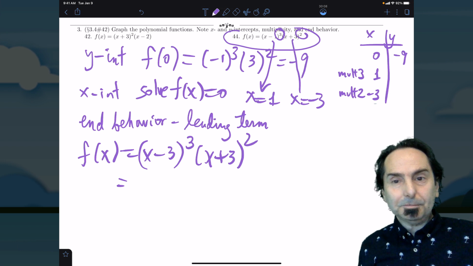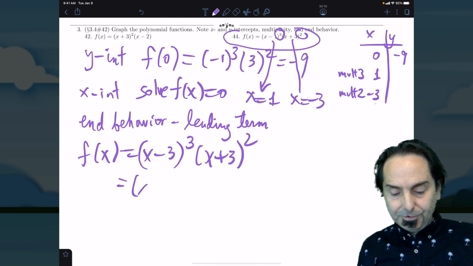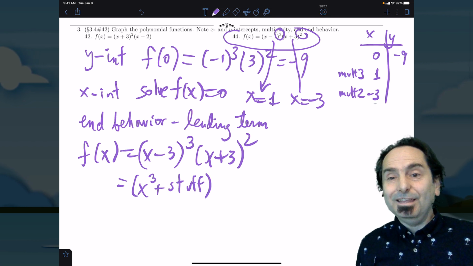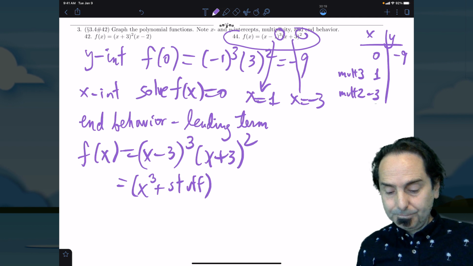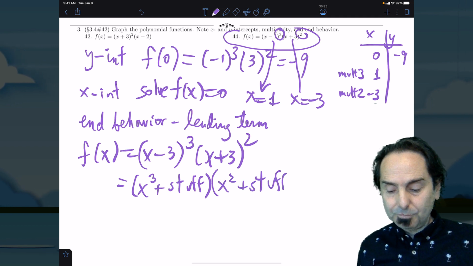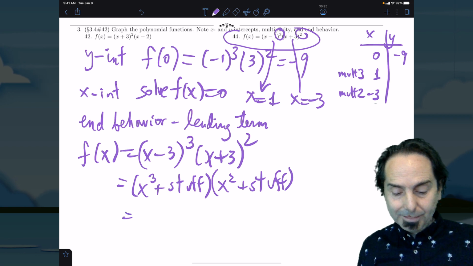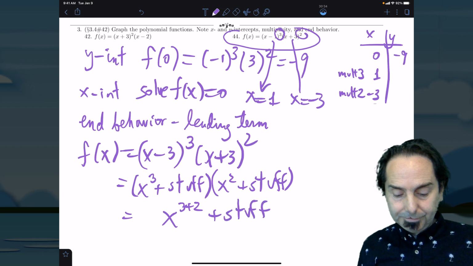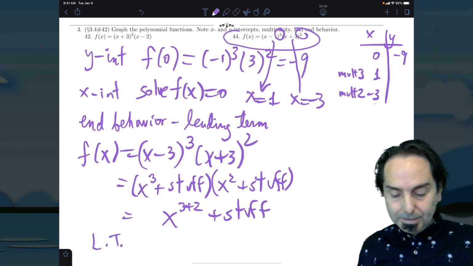If you imagine multiplying this out, this first factor, you'd have x cubed plus lower order stuff. And that stuff is never going to multiply to give a higher order exponent. Then the next factor will be x squared plus smaller stuff. Together, that's going to give you x to the 3 plus 2 plus stuff. So the leading term is 1 times x to the 5th.